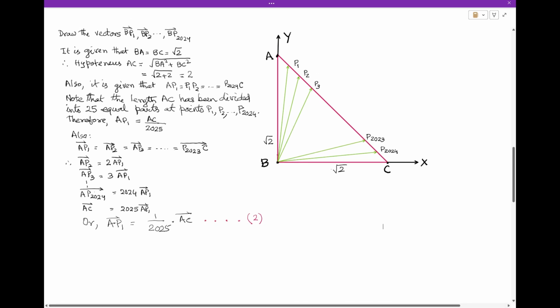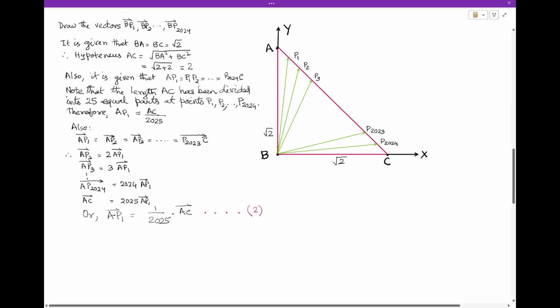Also, AP1 vector is equal to P1P2 vector is equal to P2P3 vector and up to P2024C vector, because their magnitudes are the same and all the directions are along the hypotenuse AC. So, AP2, that is from here to here, will be 2 AP1.